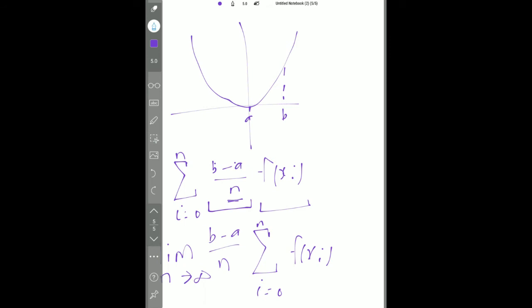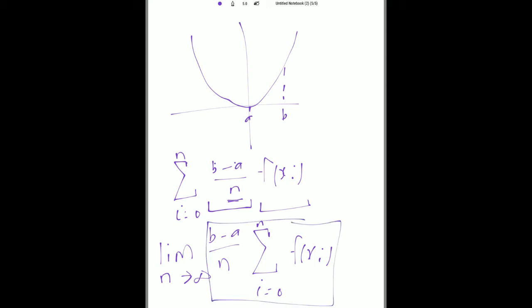So what is this saying to us? This is saying to us that we are no longer cavemen who draw rectangles to find the area underneath curves. In order for us to find the area underneath the curve, and I must say very accurately, all we do is find the limit of this expression as n approaches infinity.